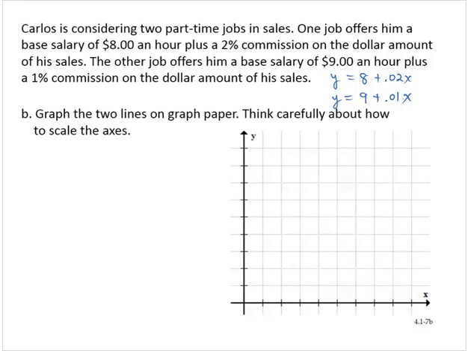Recall, x was the dollar amount of the sales. And so a scale of 1 is probably not going to be reasonable. You probably don't make $1 in sales. You probably make hundreds of dollars in sales.